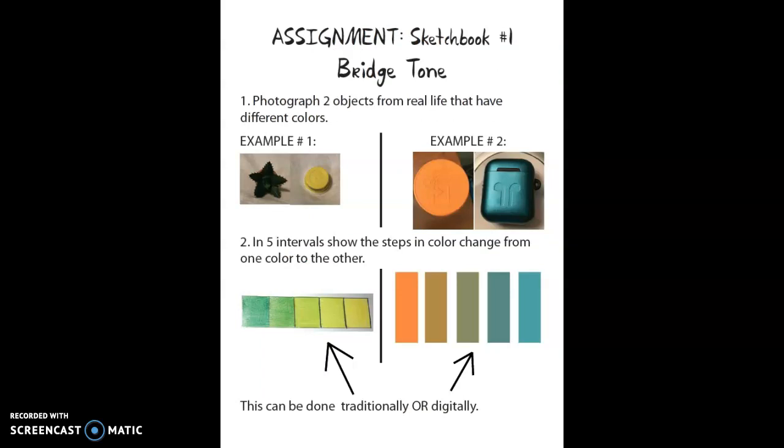Assignment sketchbook number 1. The first step is to photograph 2 objects from real life that have 2 different colors. In this scenario, we've got a green plant and a yellow paint. And then you're going to create a bridge tone between the 2, going from green to yellow.